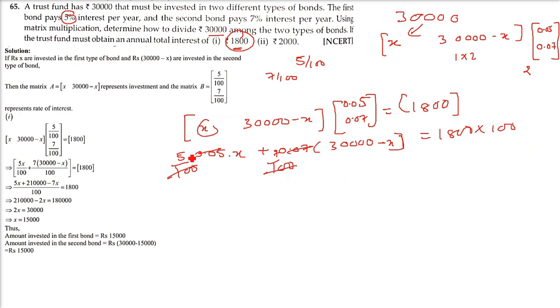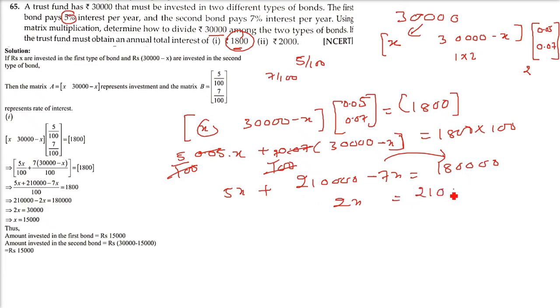We get 5x, and 7 times 3 is 21, so 21 with 4 zeros, minus 7x equals 18 with 4 zeros. Take this to the left-hand side, and 7x minus 5x will be 2x. So 2x will be equal to, what do you get? 21 minus 18 is 3. We have 3 and 4 zeros.